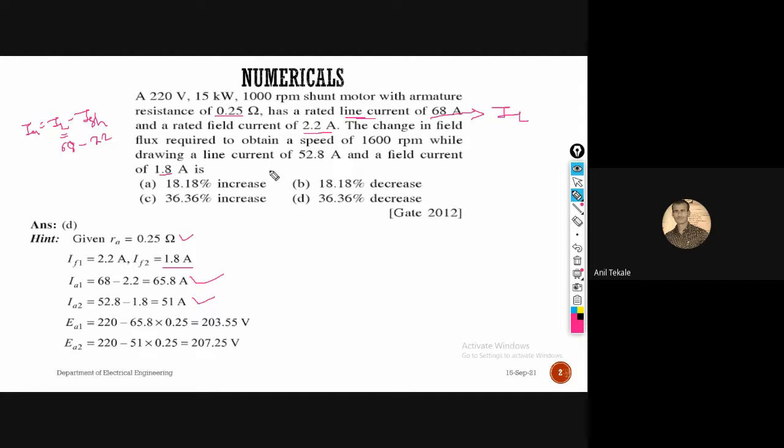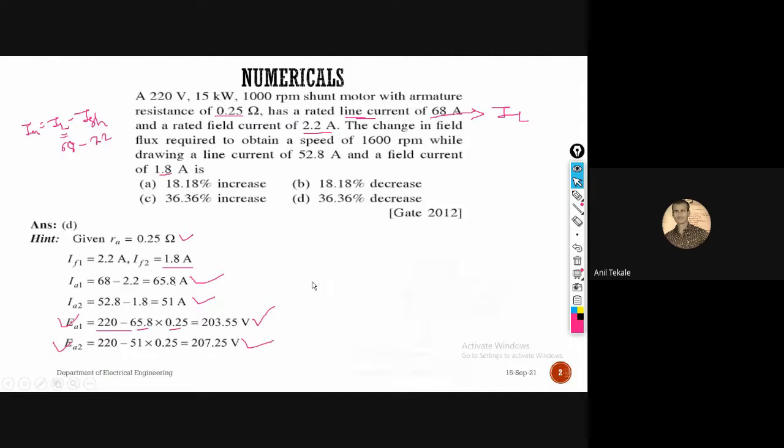Now we will calculate first EA1 and the back EMF for the other given value. For the first, 220 minus IA of 65.8 times the resistance 0.25, and the resistance remains the same. So it is 203.55 volt and 207.25 volt. That is nothing but the EMFs.